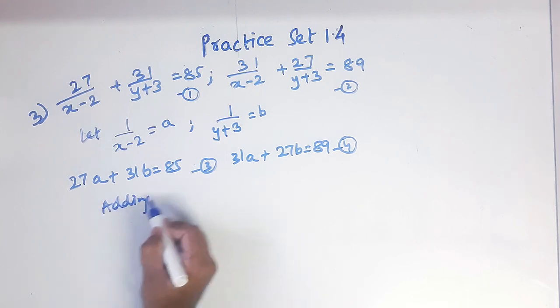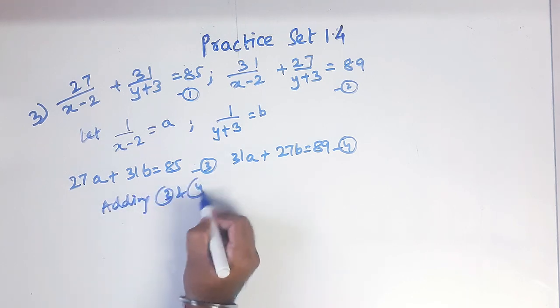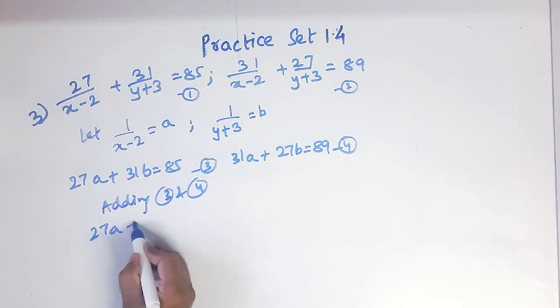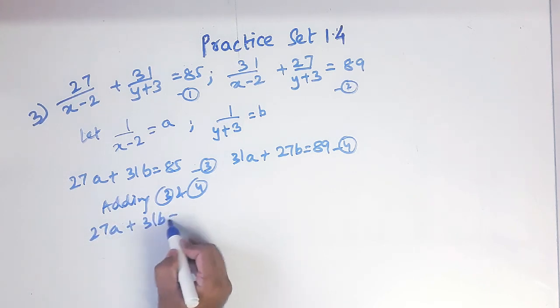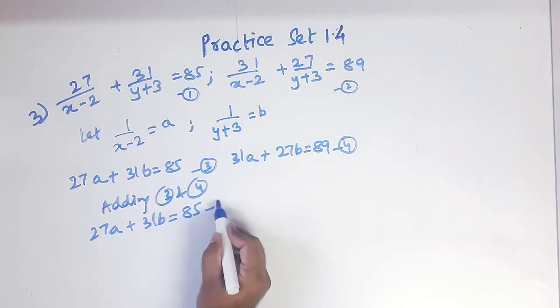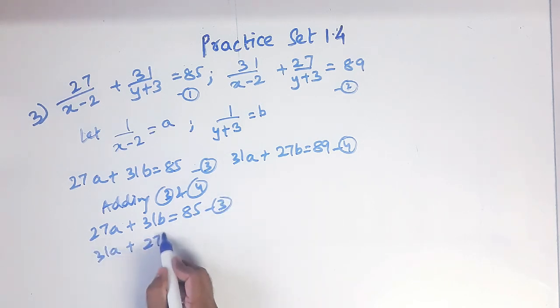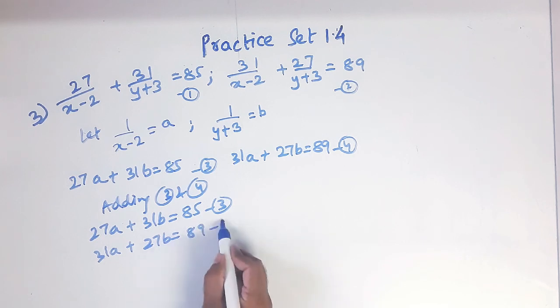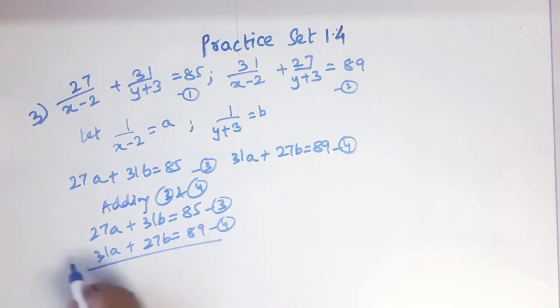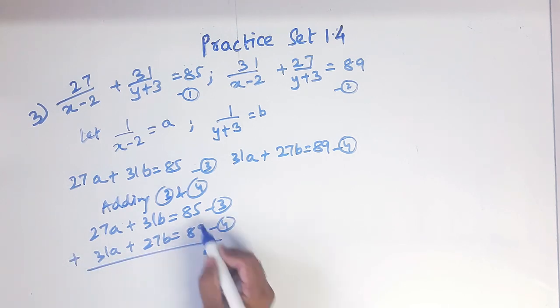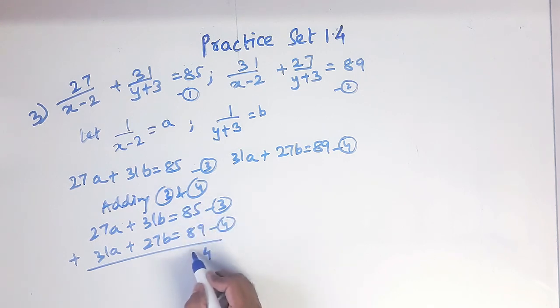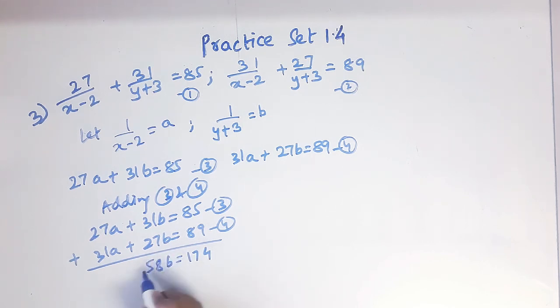Adding 3 and 4. So we'll get a new equation, 27a plus 31b equals to 85 and 31a plus 27b equals to 89. Let us see the result. 9 plus 5, 14. This is 174. This is b, 7 plus 1, 8, 58.